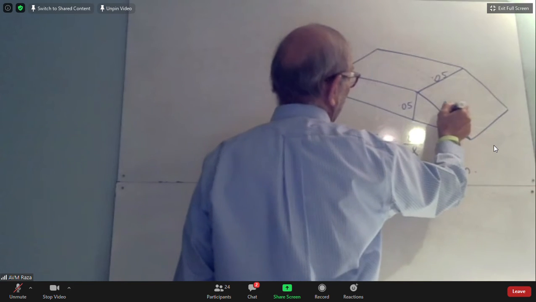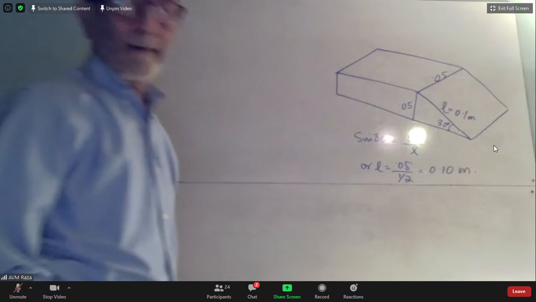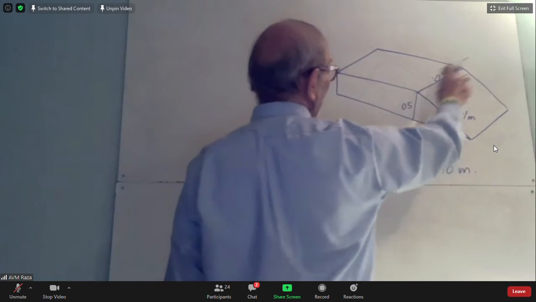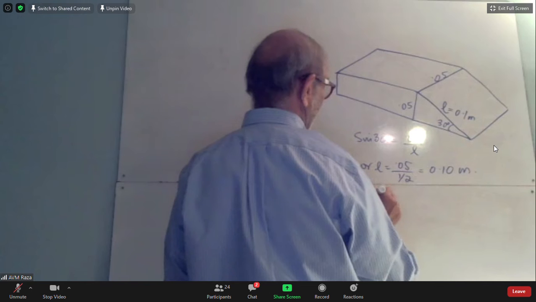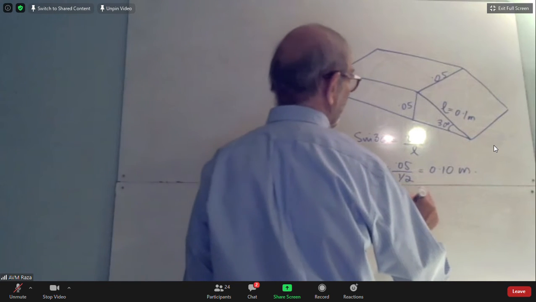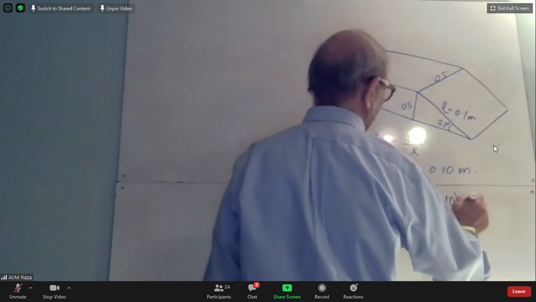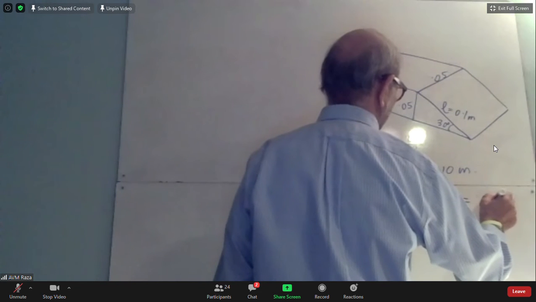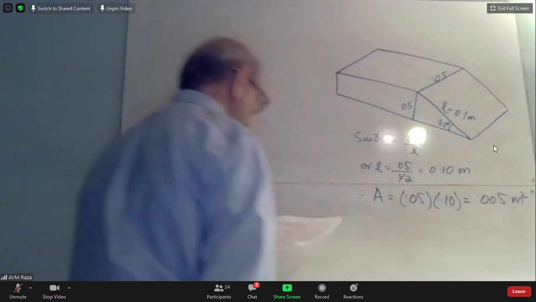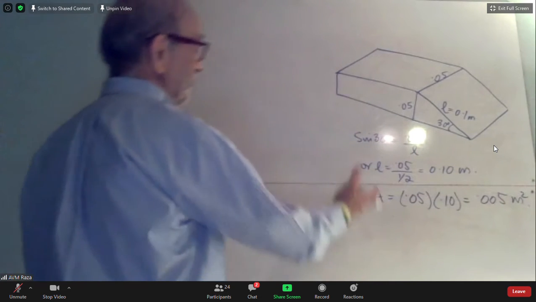So this L comes out to 0.1 meters. Everybody good? And the area which we are interested in will be 0.05 times 0.10, which is 0.005 meters squared. That's the area that we are interested in.